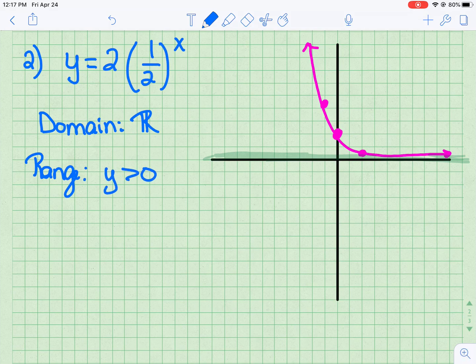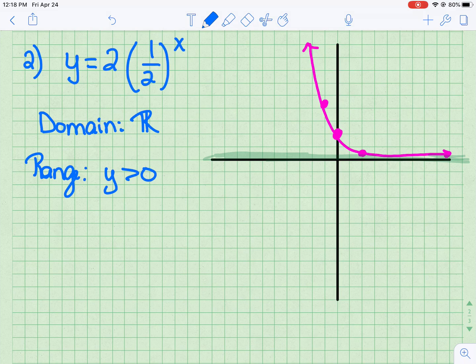I think that's all for number 2. Does that make sense? Yeah. Okay.